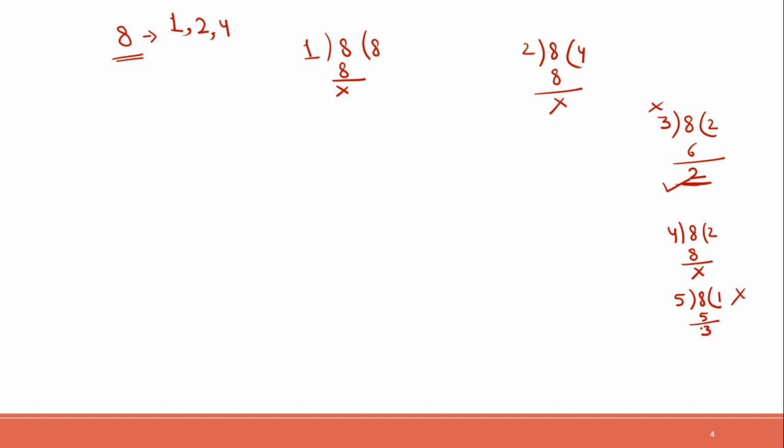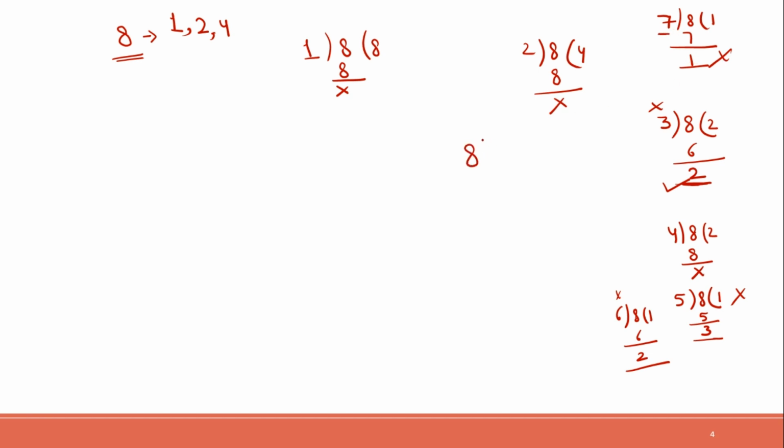That means not a factor. Now 6. 6 into 1 is 6. Again a remainder. So 6 is not a factor. Then 7. 7 into 1 is 7. Remainder 1. So 7 is not a factor of 8.